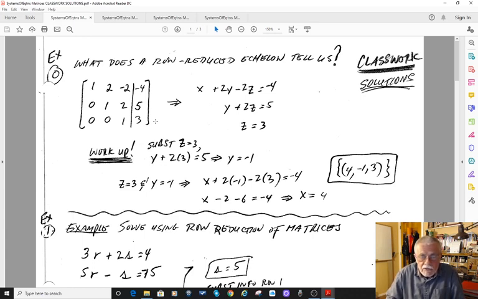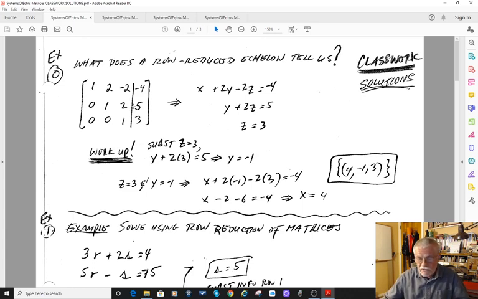Okay, so these are the permitted operations called row reduction, and their purpose is to end up with something called row reduced echelon form. So here's an example of row reduced echelon form, and we're going to reaffirm what that means: you have ones on the main diagonal, zeros below, and other stuff elsewhere. Okay, that's row reduced echelon form.